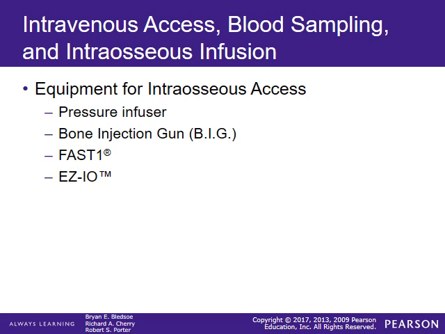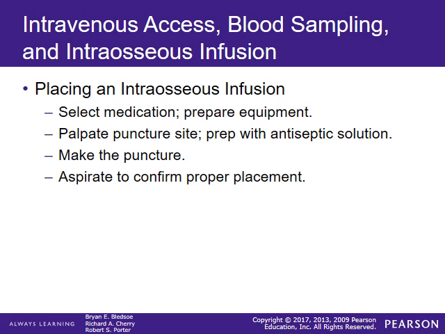Often, because of the increased resistance in the bone where they go in, they'll be accompanied by a pressure infuser or a bone injection gun. These are the brand names for a few of the IO systems in place: the bone injection gun, the FAST1, and the EZ-IO. They all have their different ways of applying the needle into the bone.